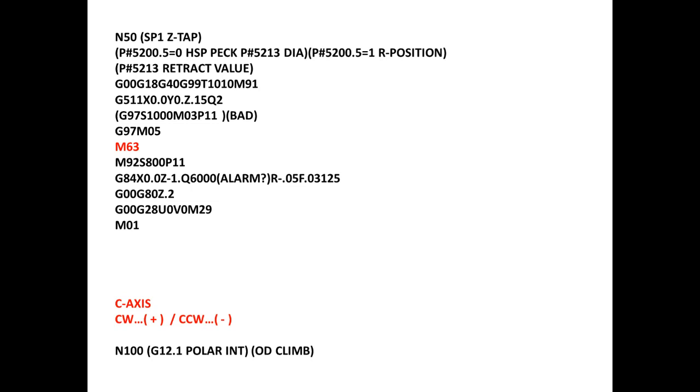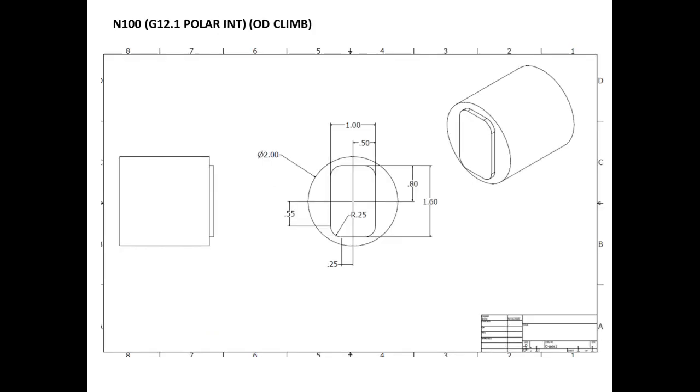Next, we're going to go to face live tool milling, which they call polar interpolation. I should rotate this one 90 degrees. I think the next slide will show the 90 degrees.